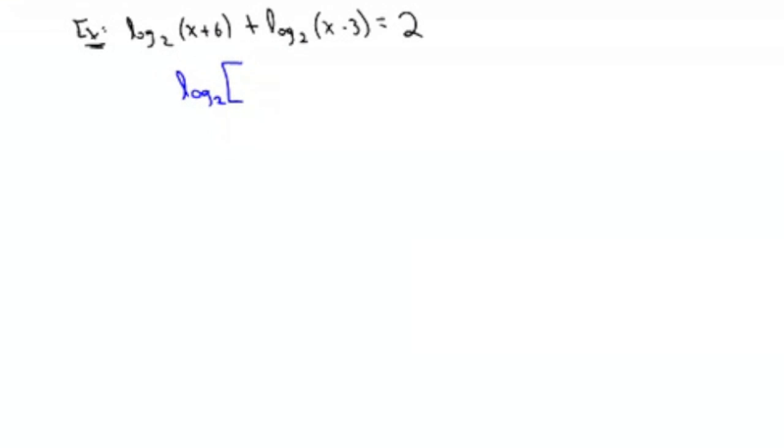What are the 2 factors that get multiplied then? x plus 6 and x minus 3. And this whole thing is equal to 2. Don't put log of 2. It's just plain old 2.